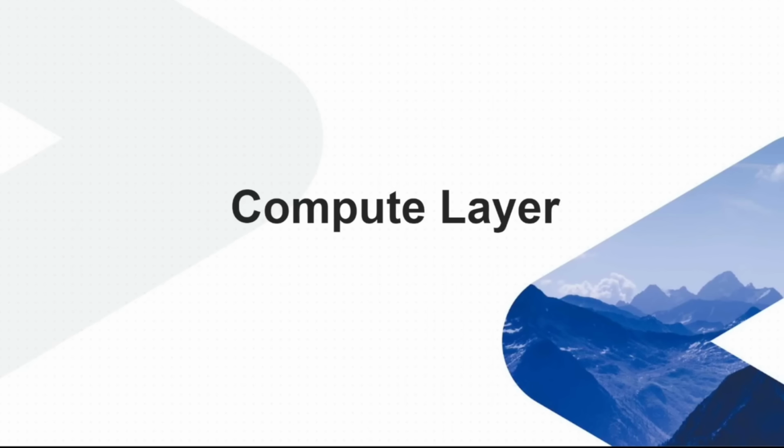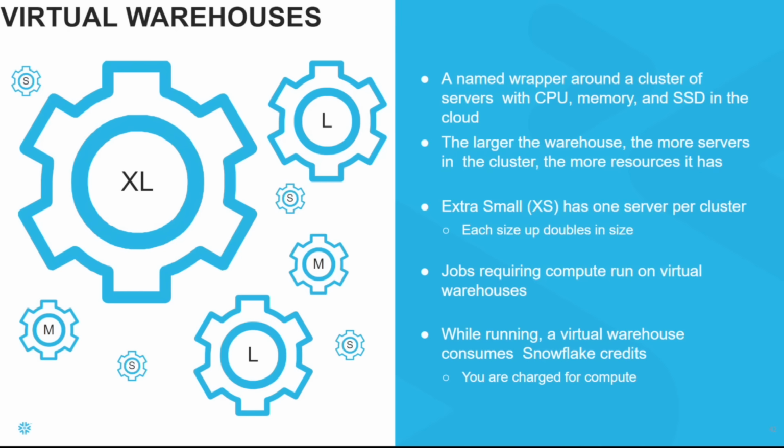Now the last layer is the compute layer. The compute layer is where all the resources are available to run your queries. It's nothing but a wrapper around a cluster of servers with CPU, memory, and SSD in the cloud. It works on a t-shirt sizing concept where you could have a virtual warehouse starting from extra small and going up to 6XL.